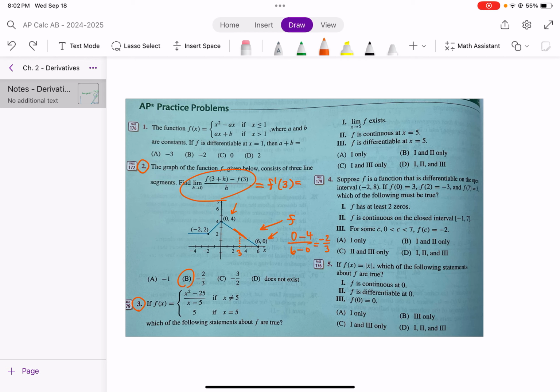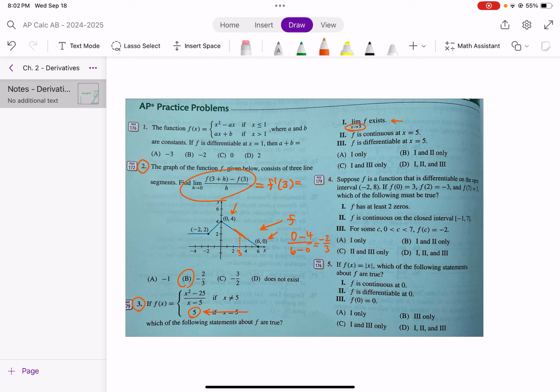The limit, let's look at number 1. The limit as x approaches 5 of f exists. Okay. If x is approaching 5, what does that mean on the graph, right? It does not mean that we go to the output specifically at 5.